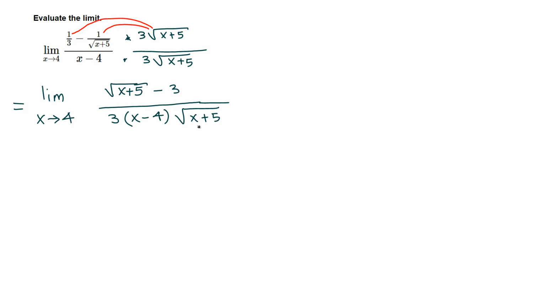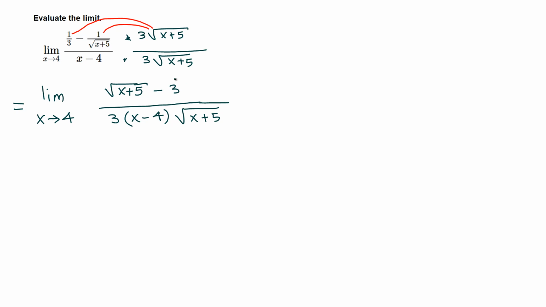Do not cancel these two, because the minus means this is not a factor. Now we still have a problem: if we plug in x equals 4, we get 3 minus 3, which is 0, over the zero-making factor. Now we have a square root.